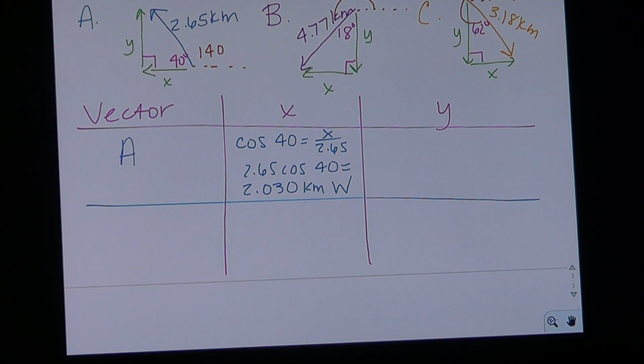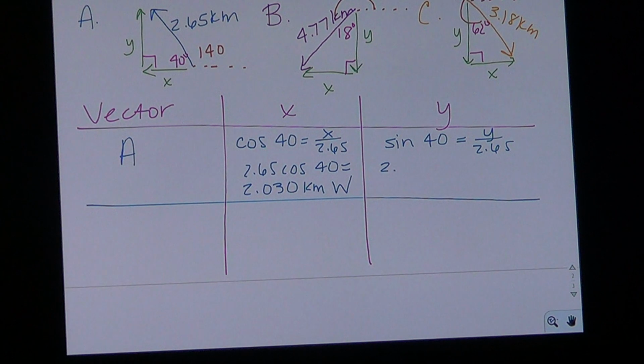And we want to indicate the direction that it's going so that we can combine them later on. If it would help you, instead of saying east to west, if you want to call the west ones negative and the east ones positive, then it might be easier if you're adding them in a long list like this, or you can call them east to west. And then y would be what, or how would we calculate that? Sine of 40. Good, the sine of 40 would equal the y divided by 2.65.